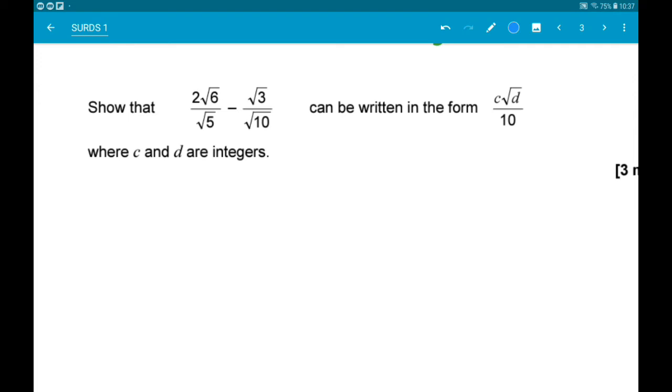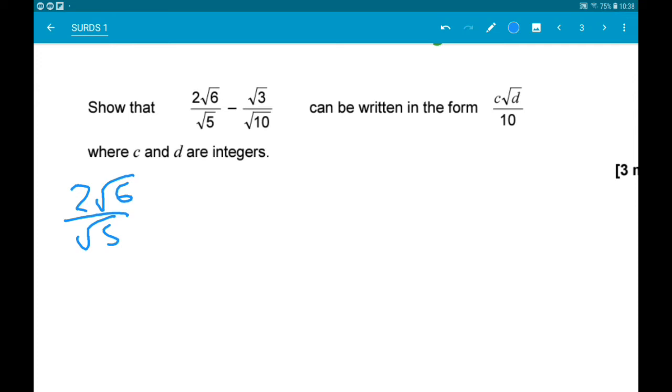So first up, 2 root 6 over root 5. Okay, so what we don't like with this guy is the root 5 on the bottom. So we rationalise it by multiplying by root 5 on the top and on the bottom.